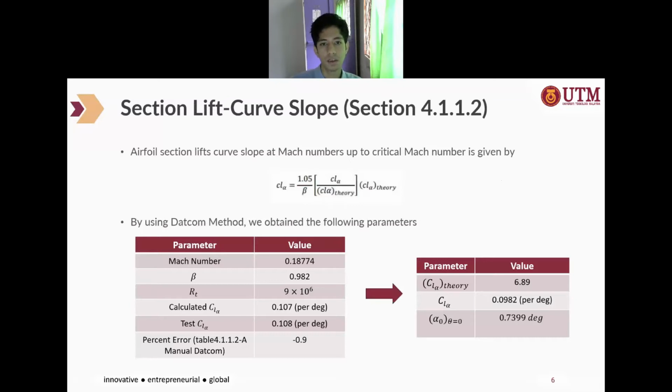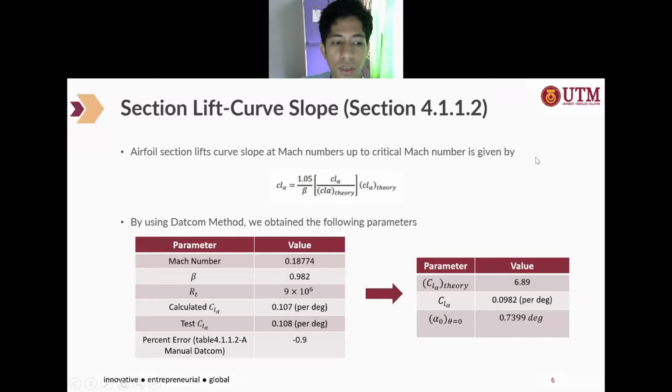Next is the section lift curve slope. To determine the lift coefficient angle of attack, we use the method for the development of the boundary layer for airfoils with transition fixed at the leading edge and with maximum thickness less than approximately 20%. The airfoil section lift curve slope at Mach numbers up to critical Mach number is given by the following equation.